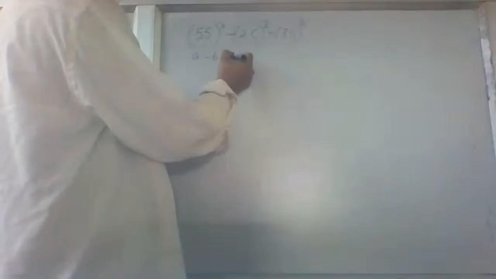Now 30, 20, 55. So A minus B minus C will be A plus B plus C, which is equal to 0, so the answer is 3 times 55 into 25 into 30.